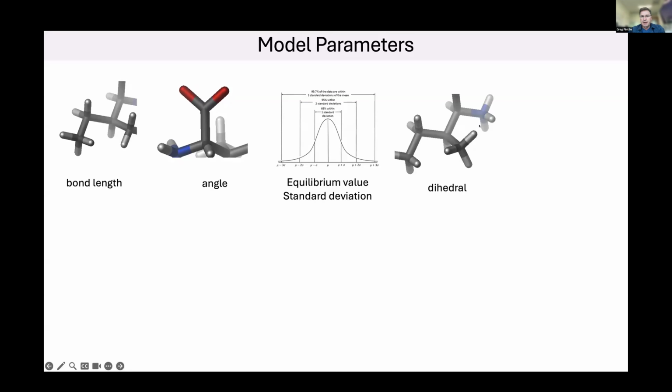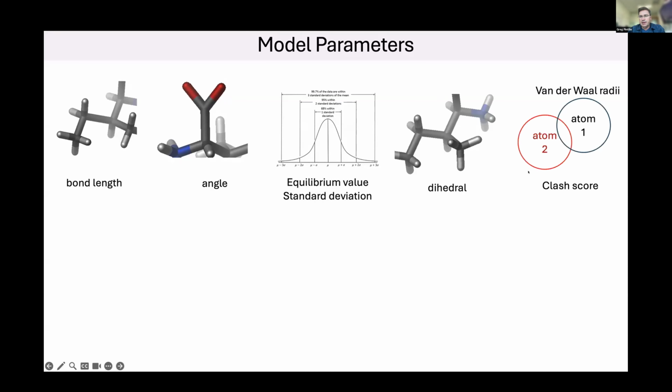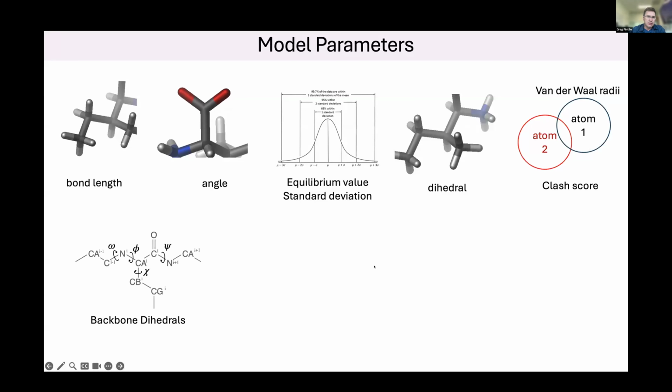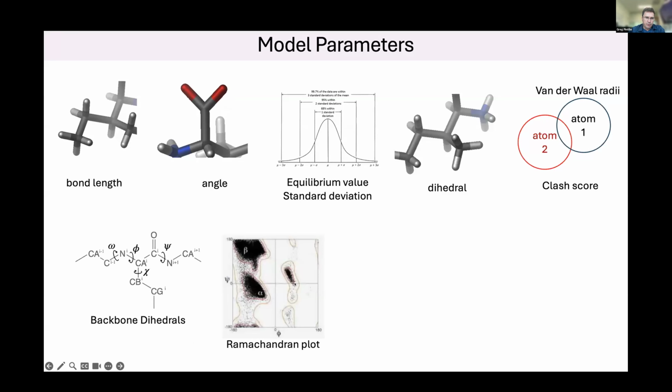Okay, so dihedrals involve 4 different atoms. You can imagine it as rotation around the bond. And then each atom might have some radius, so you don't want atoms that are too close together. These are usually called clash scores. And then we have these special backbone dihedrals, which are characterized using Ramachandran plots.